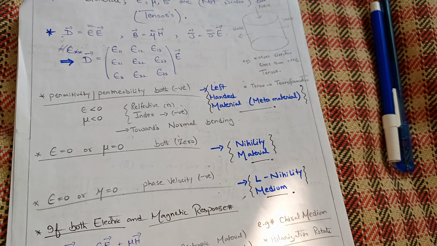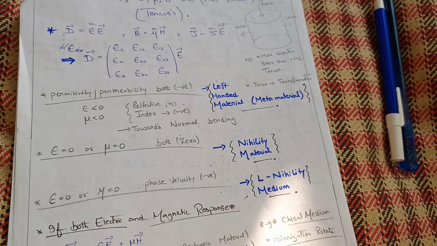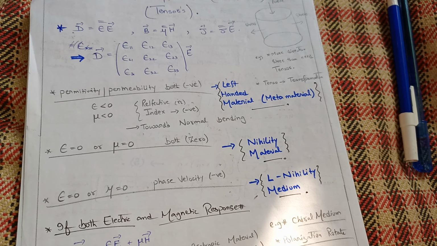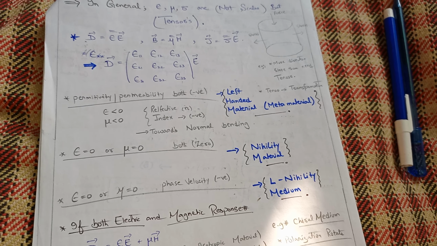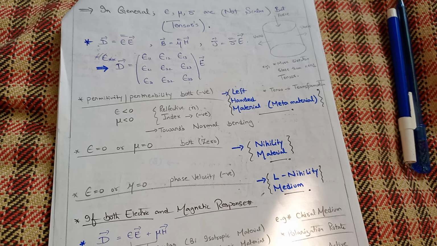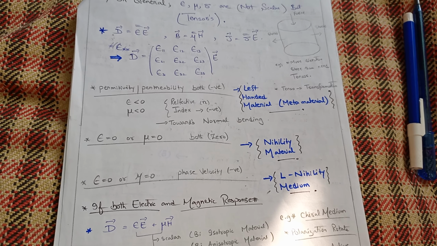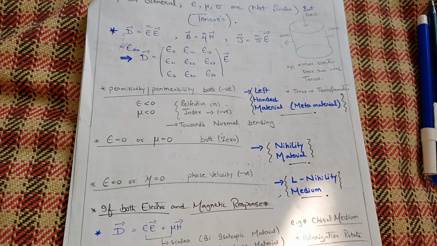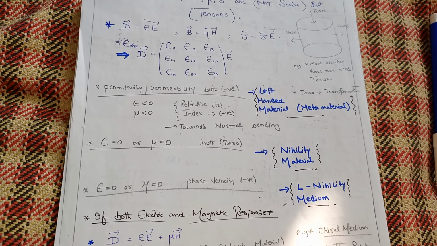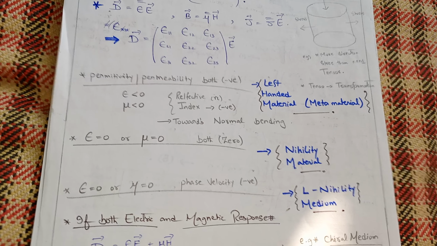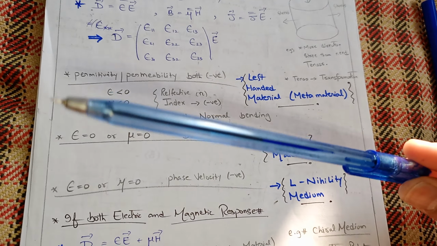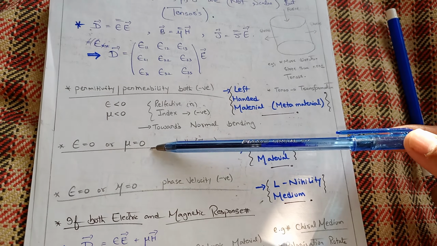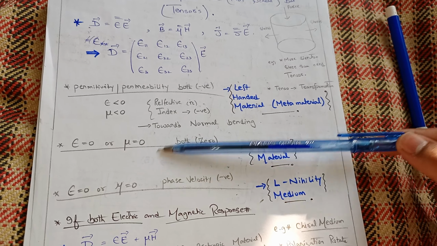This scenario is called a left-handed material, and those materials are called metamaterials. Similarly, when your permittivity and permeability are both equal to 0, then what would happen?